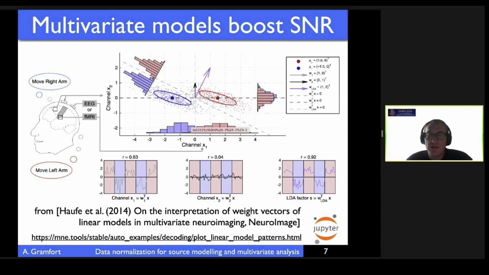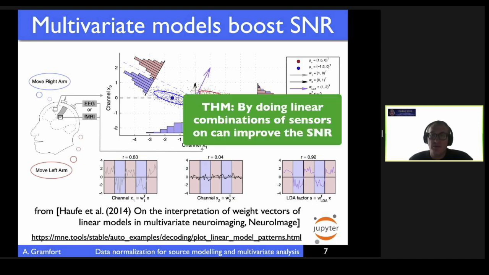In order to increase your ability to statistically differentiate your experimental conditions using EEG or MEG, it's a very good idea to combine sensors and extract signal from them. Again, at the bottom, you have this link. You can click on it and go to this page where you can play with these ideas. So again, take-home message: by doing linear combinations of your sensors, you can improve the signal to noise ratio.